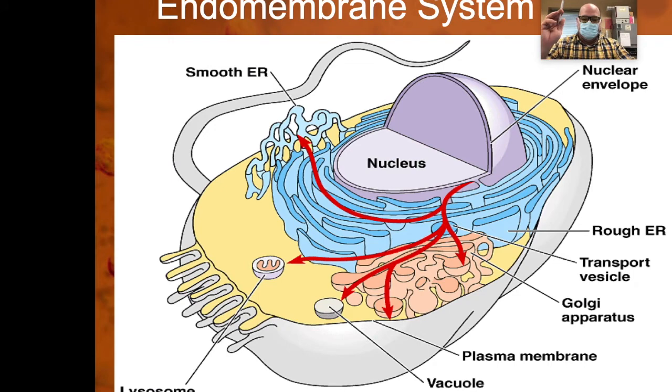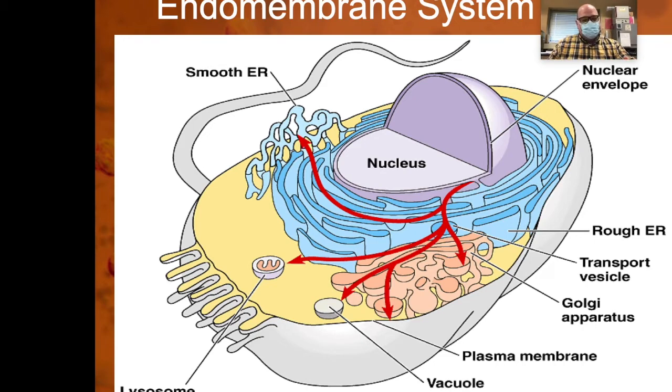So here we have this endomembrane system. And that red arrow there is kind of what you want to pay attention to. The nucleus is sort of in charge of saying, here's the plans for a protein. The proteins are made by ribosomes. And then once you make them, your body's usually like, let's do something with this. And that can either be in the cell or outside the cell.